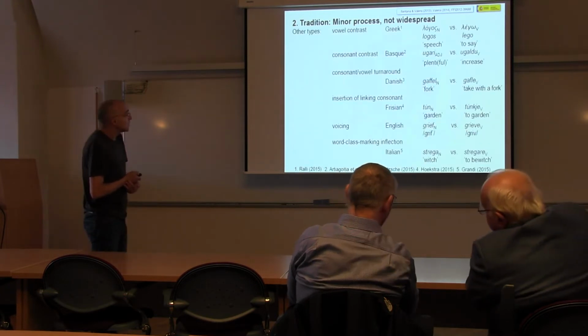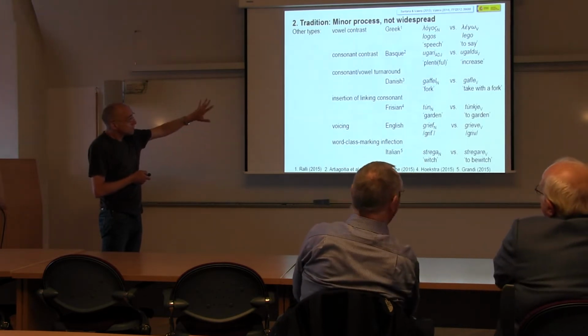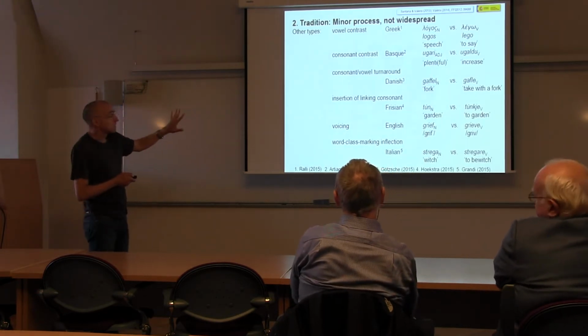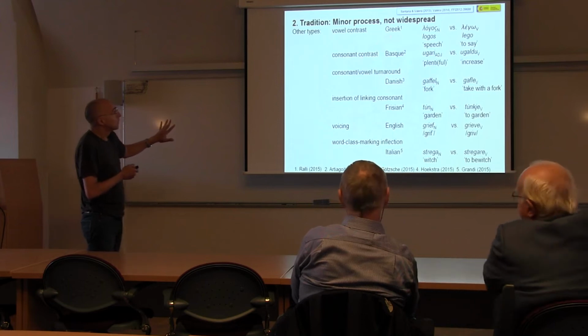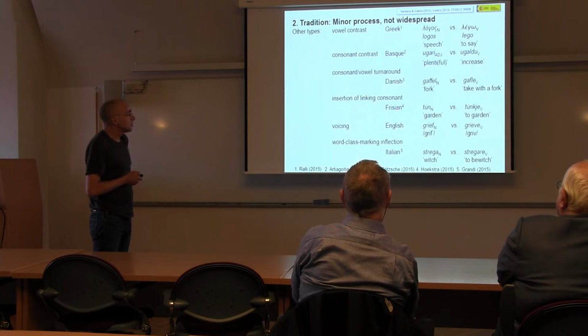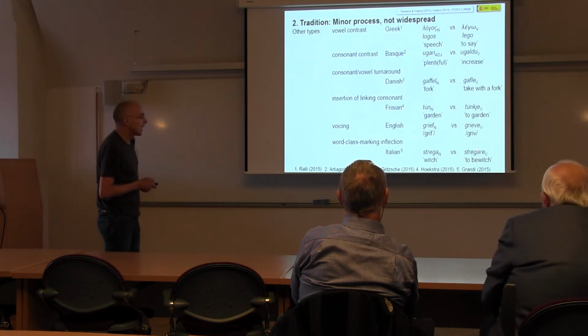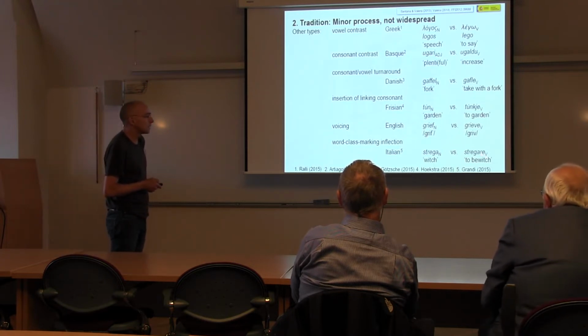There may be other formal changes, and this is the range of formal changes that we found. All these cases were presented as instances of conversion in Greek, in Basque, in Danish, Frisian, voicing, as I said in English, and also in Italian and other highly inflected languages where we have inflection marking the word class.